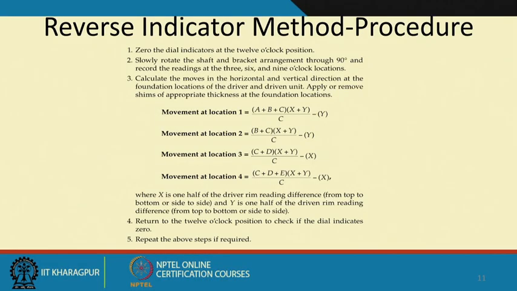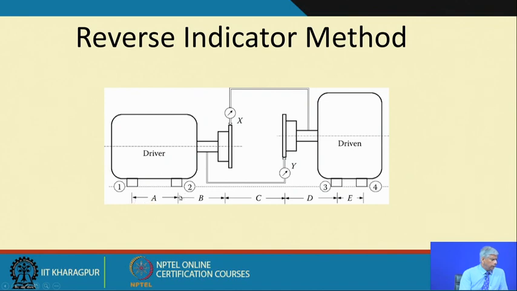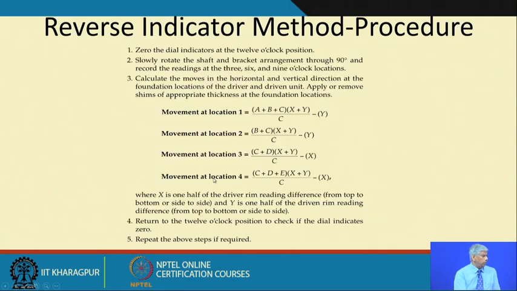So, the reverse indicator method. If you notice this, we have dial gauges just to measure x and y on the rim of these machines, and these are dimensions A, B, C, D, E. So all you have to measure is dimensions A, B, C, D, E. The reverse indicator method procedure is like this: zero the dial indicators at the 12 o'clock position, slowly rotate the shaft and bracket arrangement through 90° and record the readings at the 3, 6 and 9 o'clock locations.